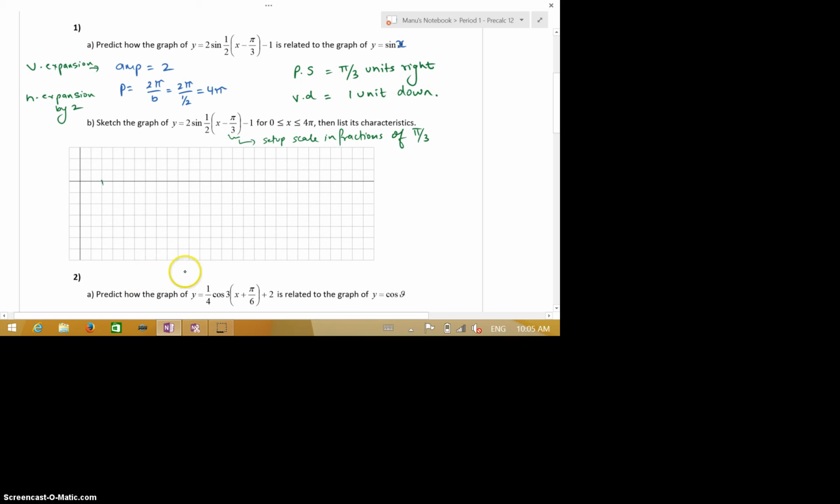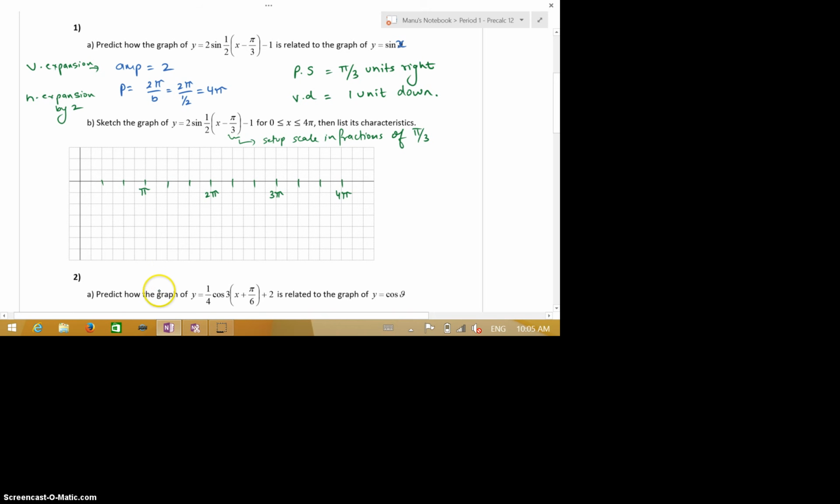So pi over 3, 2 pi over 3, 3 pi over 3 will be pi, 4 pi over 3, 5 pi over 3, 6 pi over 3 will be 2 pi, 7 pi over 3, 8 pi over 3, 9 pi over 3 will be 3 pi, 10 pi over 3, 11 pi over 3, 12 pi over 3 will be 4 pi. Right, I'm going up in fractions of pi over 3.